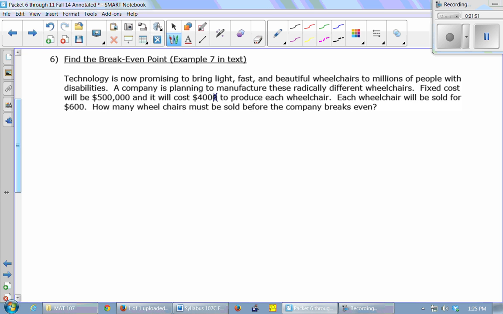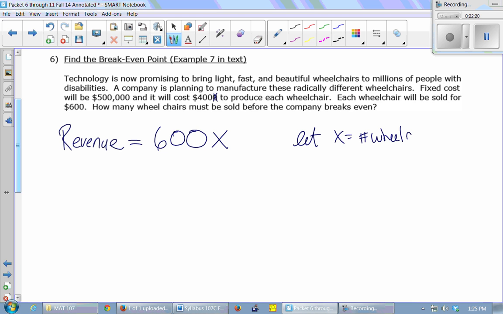So I'm going to write an equation for revenue. The revenue for the company is going to be what? Money that comes in. 600x. So what does x have to represent then? The number of wheelchairs sold. So it's going to be 600x, and we're going to let x be the number of wheelchairs sold.